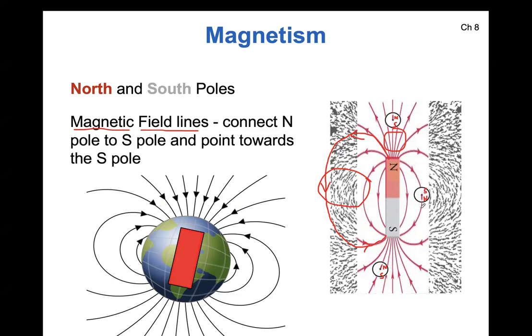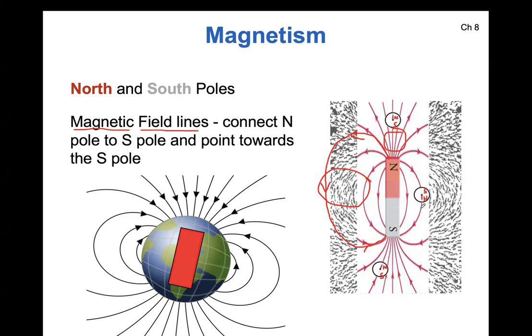And why do they do that? Well, because of a principle with magnetic poles, which is the same exact principle for charges, which is that opposite charges experience an attractive force, but like charges or like poles experience a repulsive force. So again, for magnets, if you have two north poles, they will push against each other.